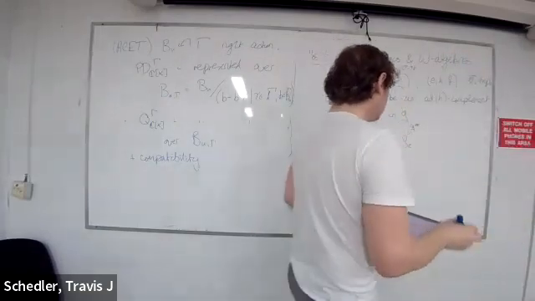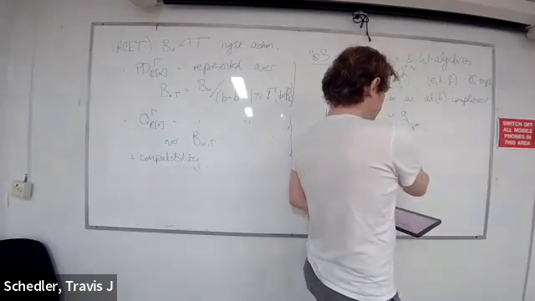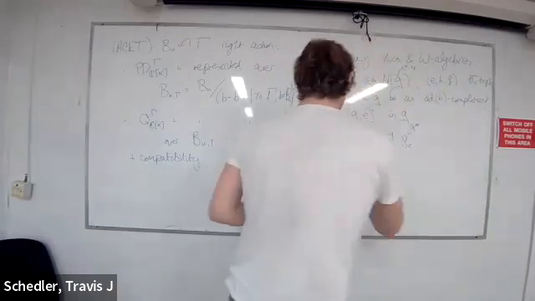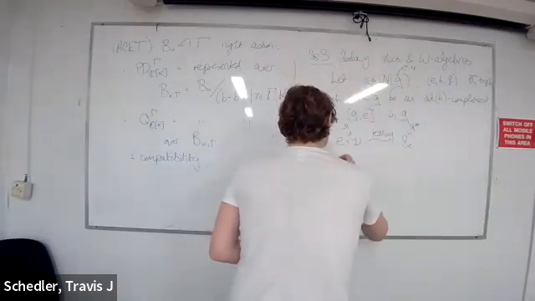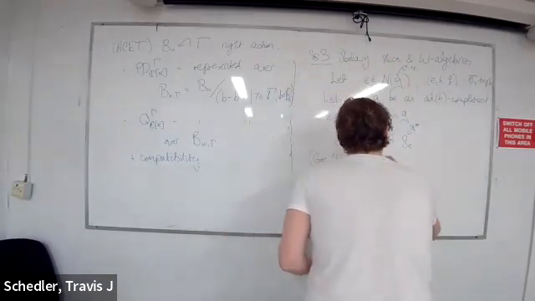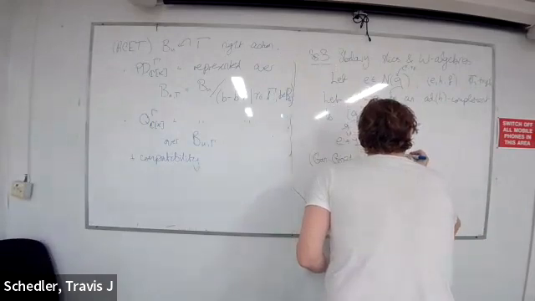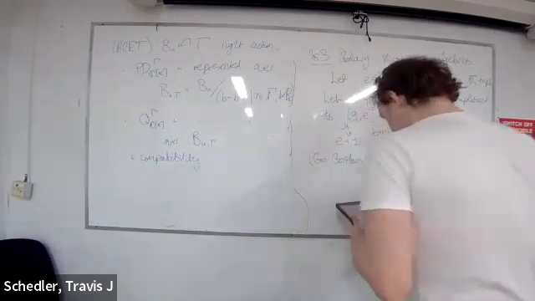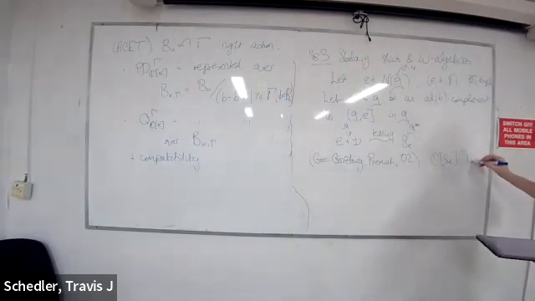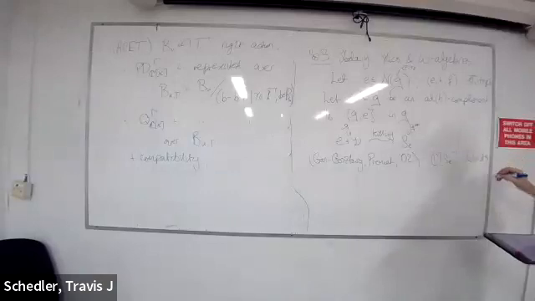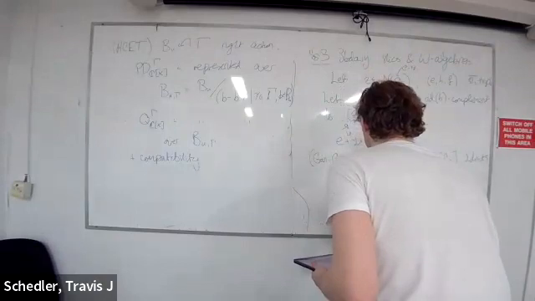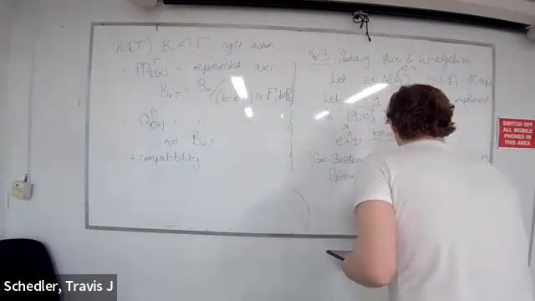Okay, so this is the Slodowy slice. Now it's not a Poisson subvariety of G star, but it was noted by Gan and Ginzburg, building on some work of Premet in 2002, both papers came out at the same time, that the coordinate ring of this slice admits a Poisson structure by Hamiltonian reduction.